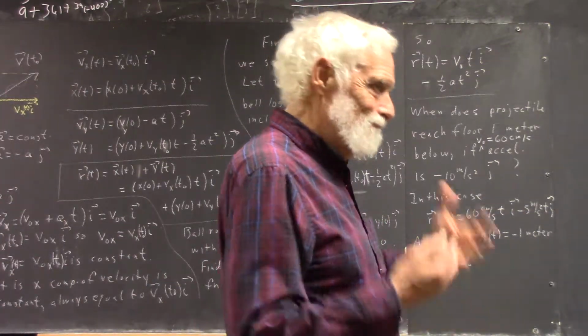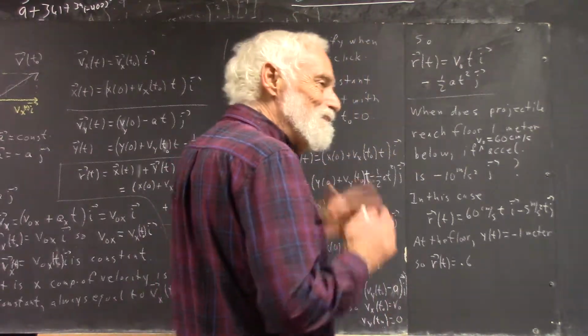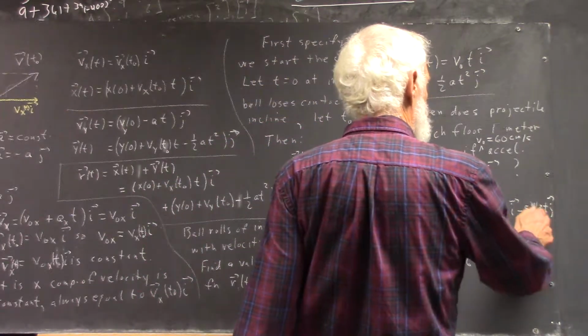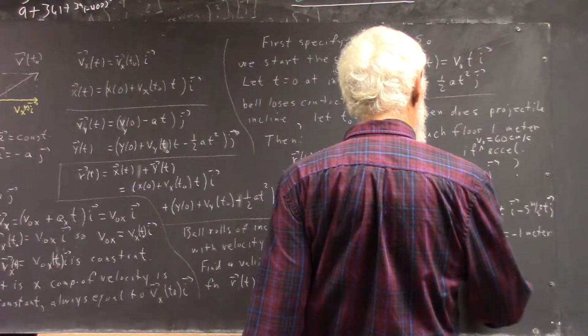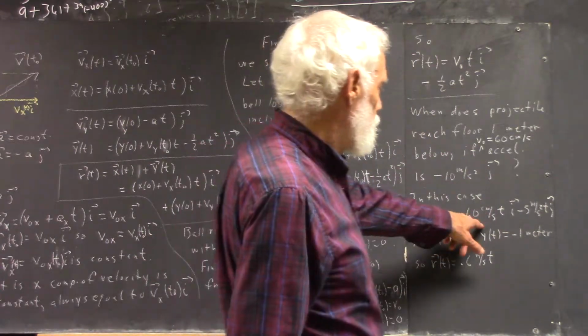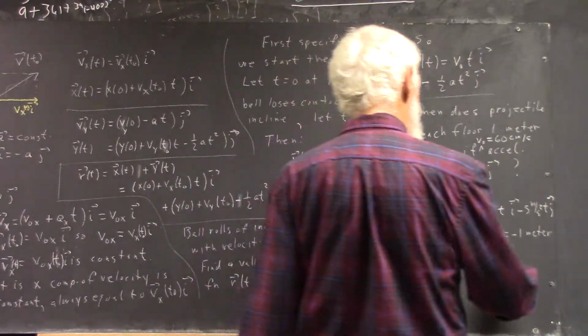So you want to lock that in, and yeah, you knew what to do. In any case, since this is in meters per second squared, I'm going to change 60 centimeters per second to 0.6 meters per second. And that's your i component.